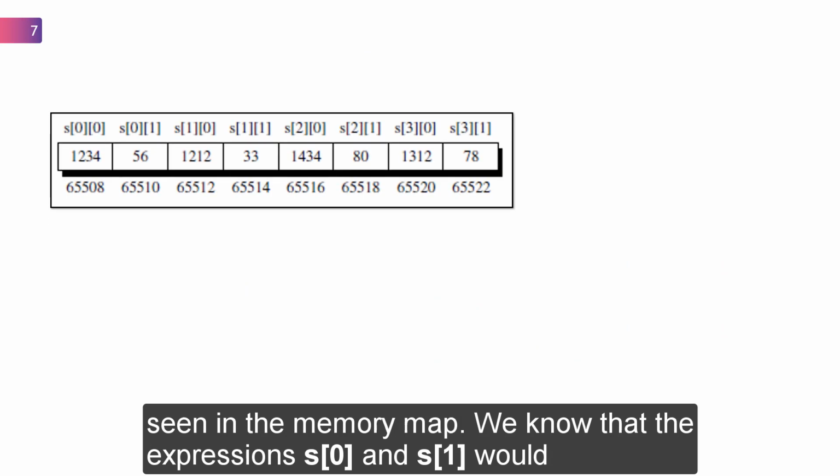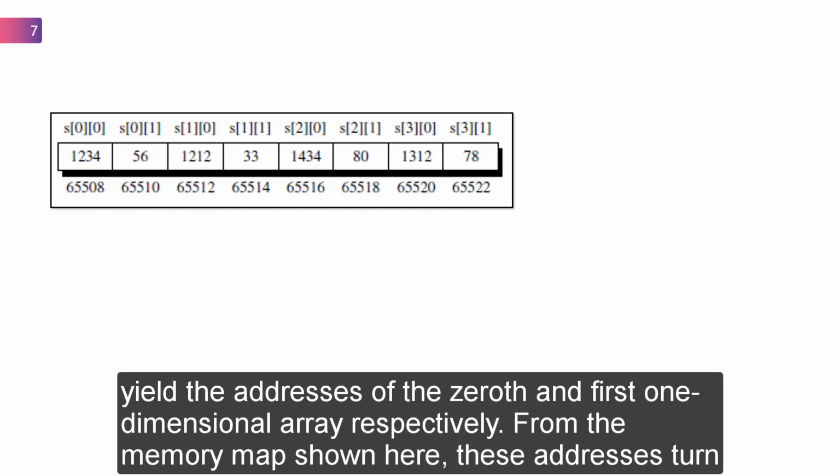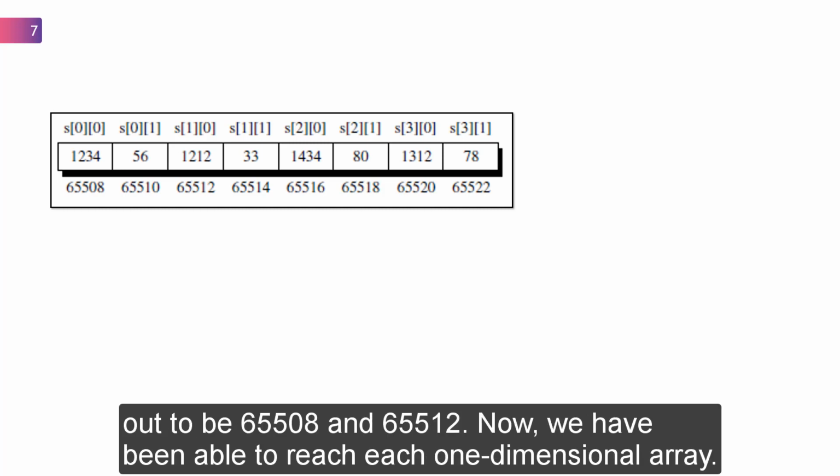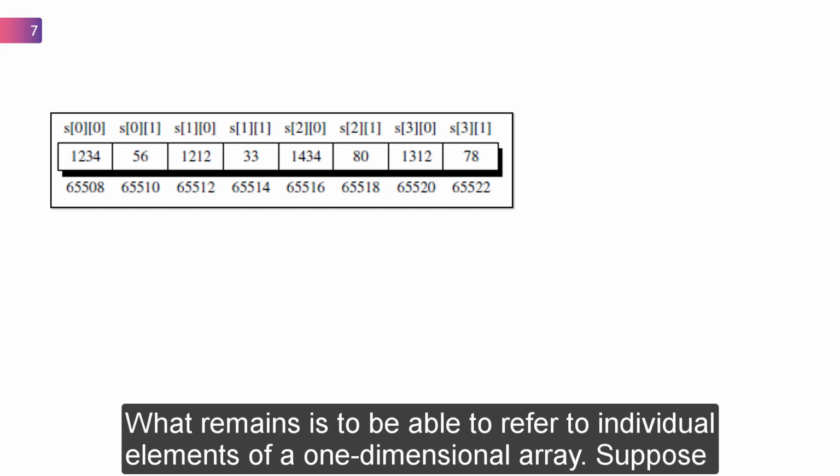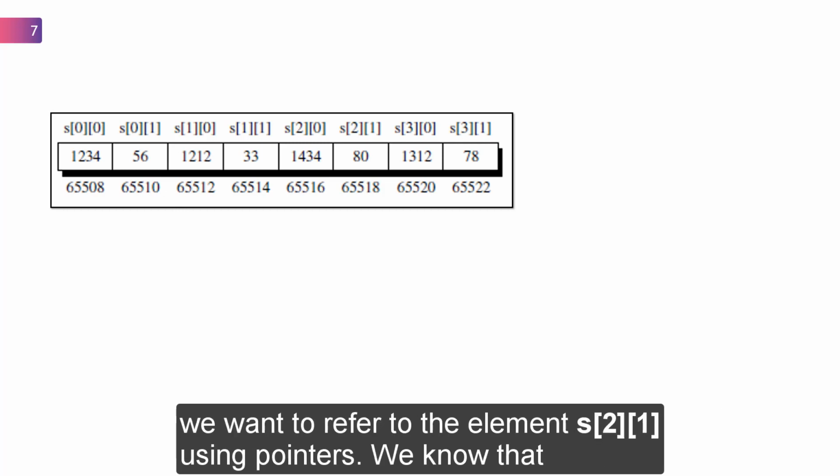We know that the expressions s[0] and s[1] would yield the addresses of the 0th and the first one-dimensional array respectively. From the memory map shown here, these addresses turn out to be 65508 and 65512. Now, we have been able to reach each one-dimensional array. What remains is to be able to refer to individual elements of a one-dimensional array. Suppose we want to refer to the element s[2][1] using pointers.